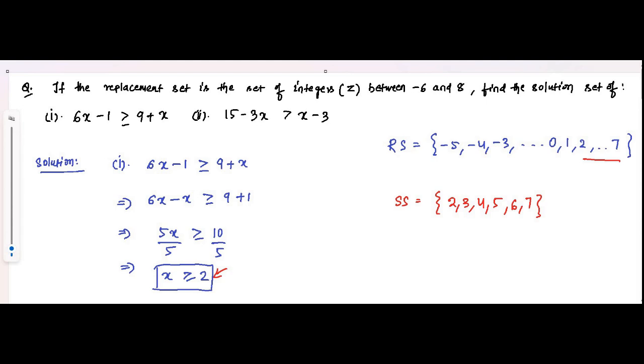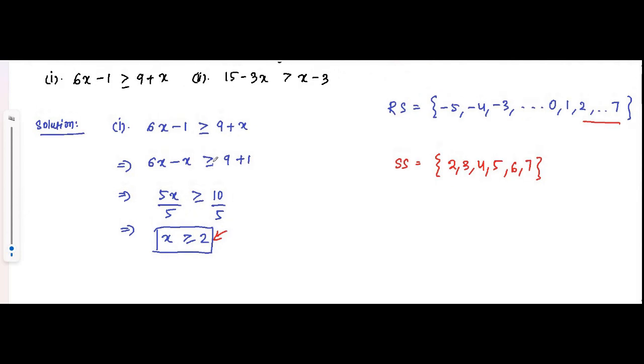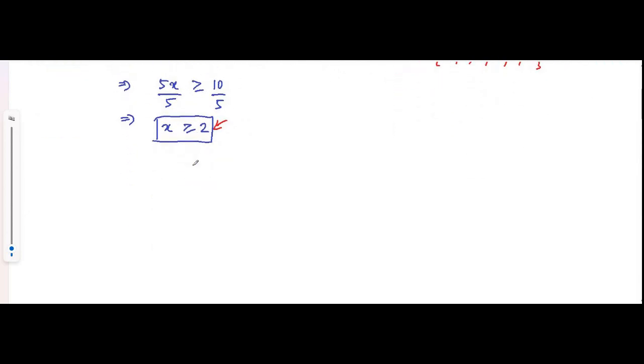Then the second bit, which is 15 minus 3x is greater than x minus 3. 15 minus 3x is greater than x minus 3. That implies we'll take this minus 3 to the LHS side, it will become plus.